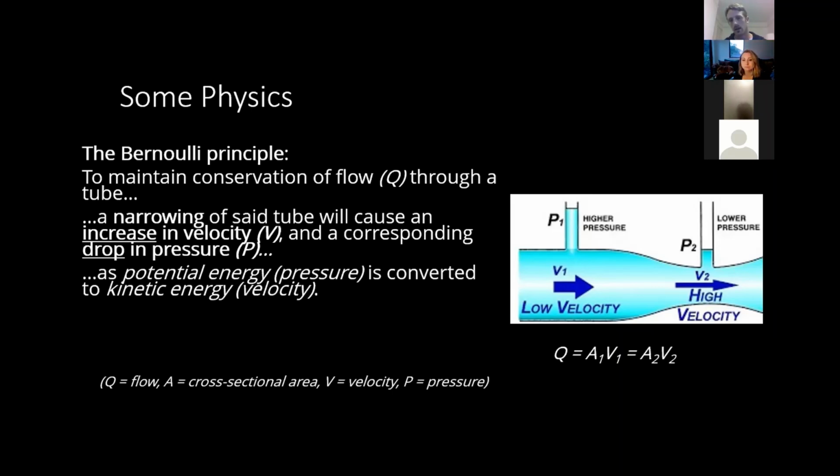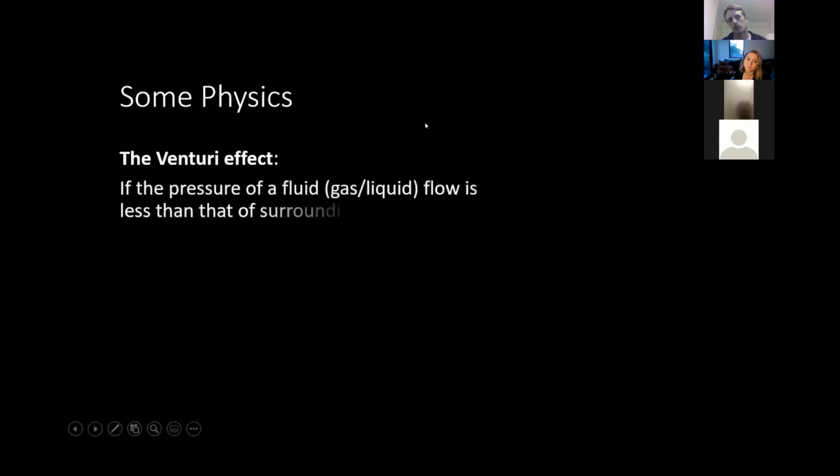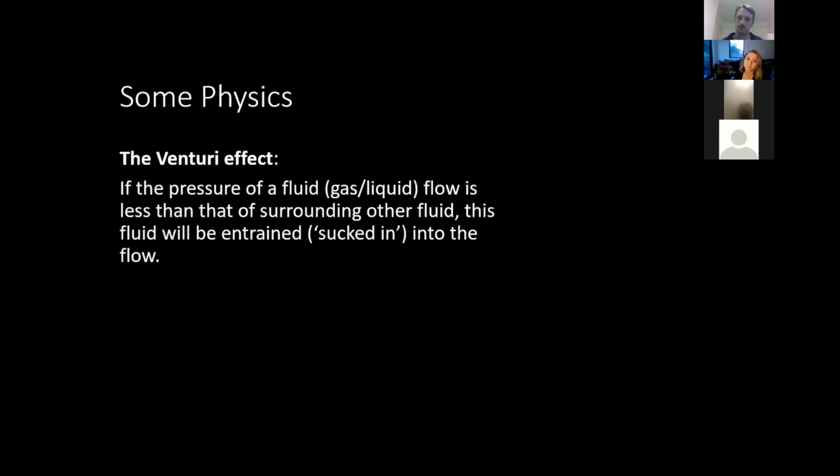So through that narrowing of the left ventricular outflow tract, we're going to have a really high velocity. That high velocity then contributes to what we call the Venturi effect. The Venturi effect is that if there is a pressure in a fluid, which would be a gas or a liquid, which is lower than the surrounding, then other fluid will be entrained or sucked into this flow.